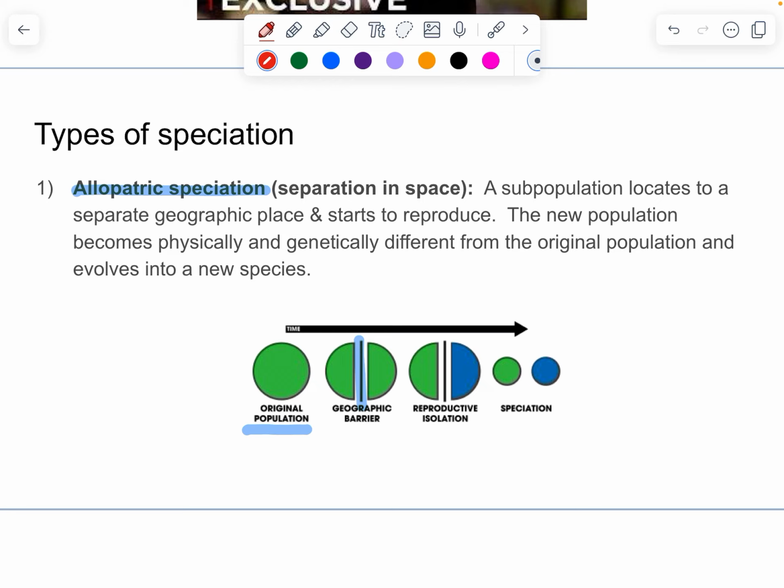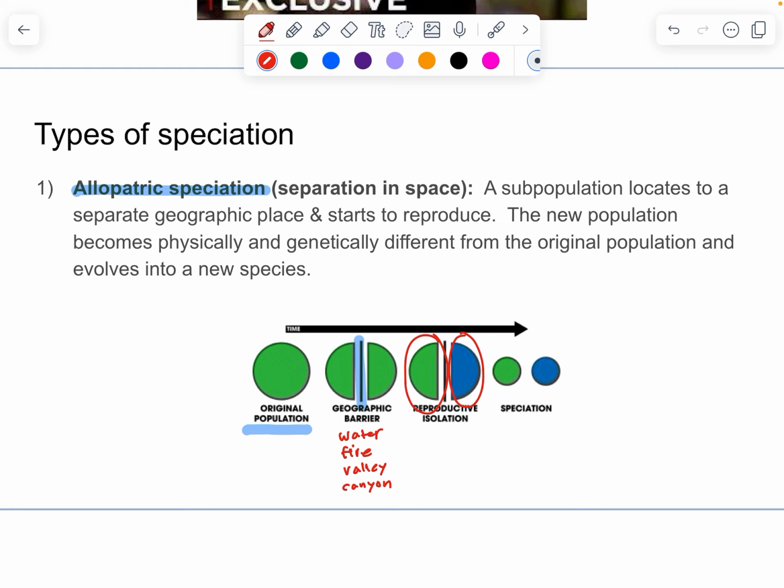That geographic barrier can be bodies of water, like rivers. It can be fire. It can be valleys, canyons. It can be anything that is preventing the individuals from migrating between the regions. That means that each population is interbreeding among themselves independently for multiple generations.